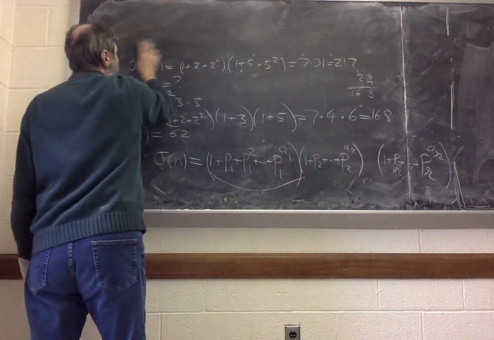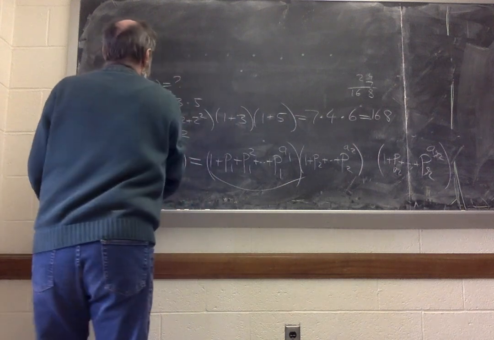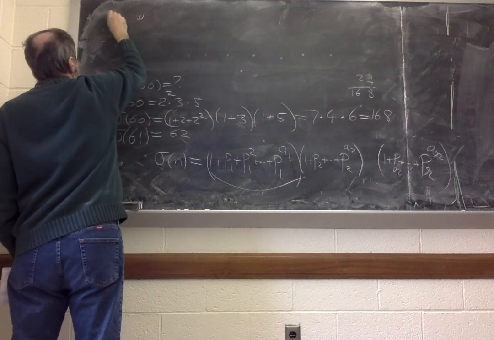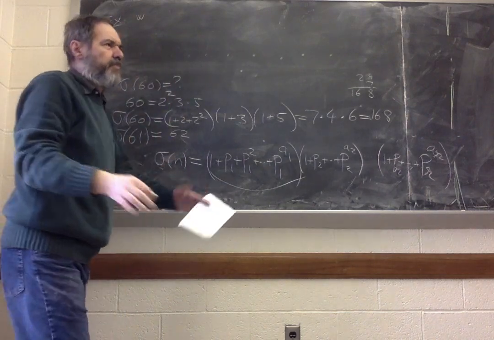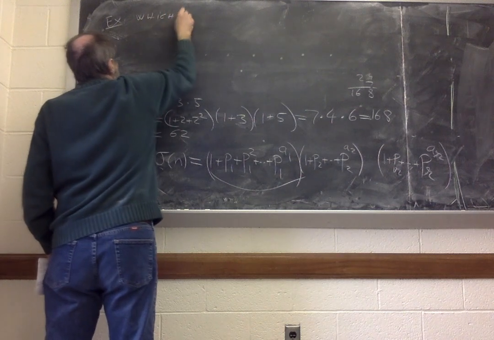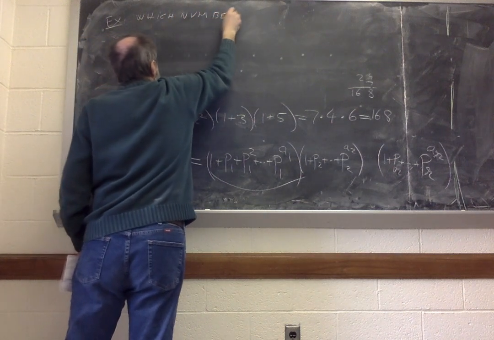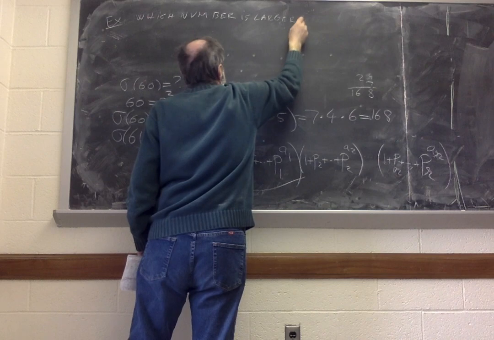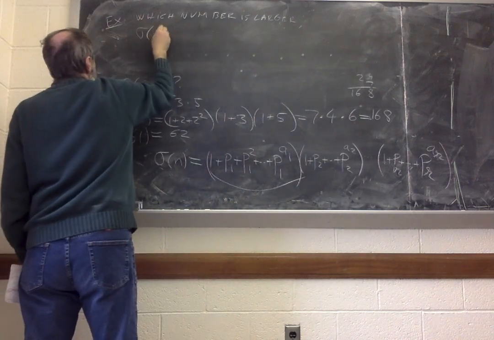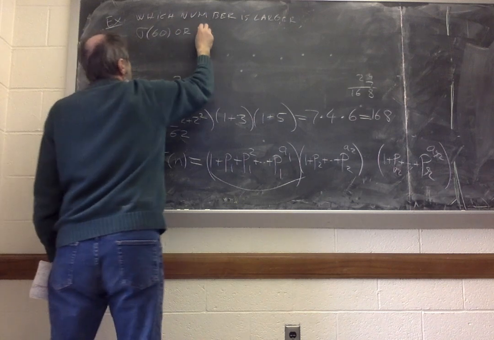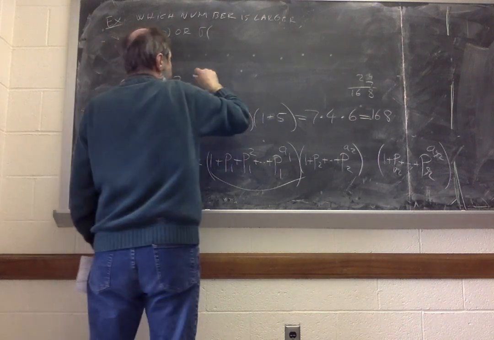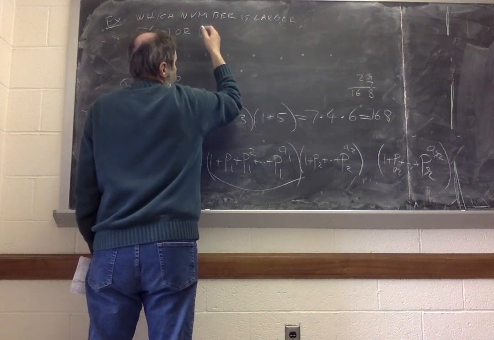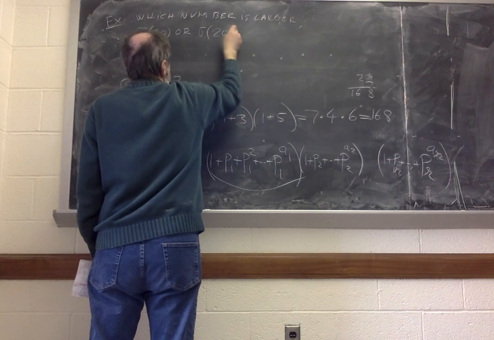So if I have to decide which number is larger, and I said we're going to work with small numbers, let's see. Is sigma of 60 or sigma of 201 larger?